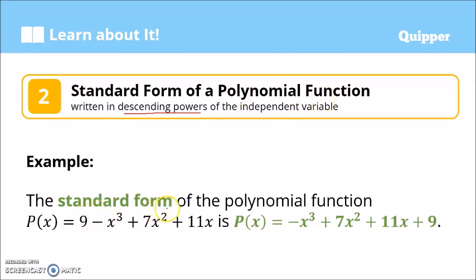So, the standard form of the polynomial function p of x, 9 minus x cubed plus 7x squared plus 11x, is p of x equals, eto, ang leading term natin is negative x cubed, di ba? And then, sunod sa kanya si 7x squared. Okay? And then, we have 11x, and then we have the constant term. Ayan. Okay, so this form is already in the standard form.